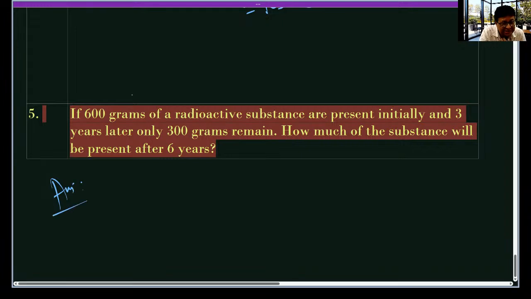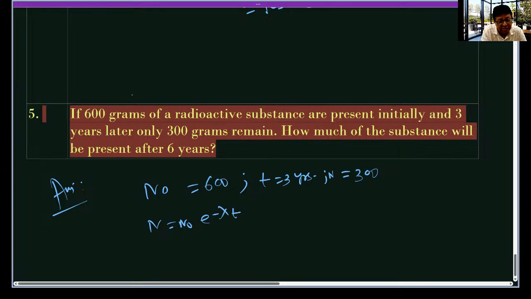You know that it decays. So N is how much after 3 years? N equal to 300. So I use the relation, so 300 equals 600 e to the power minus lambda into 3.